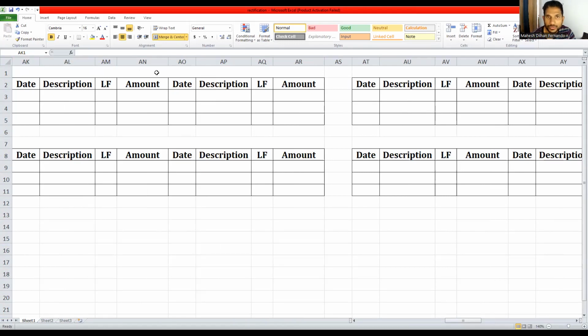Now, these are the two accounts we need. First one is discounts allowed. The second is debtors.